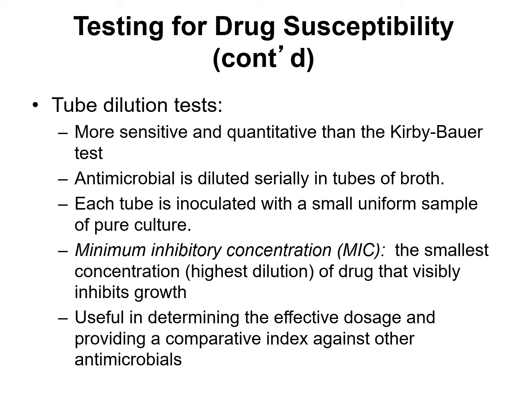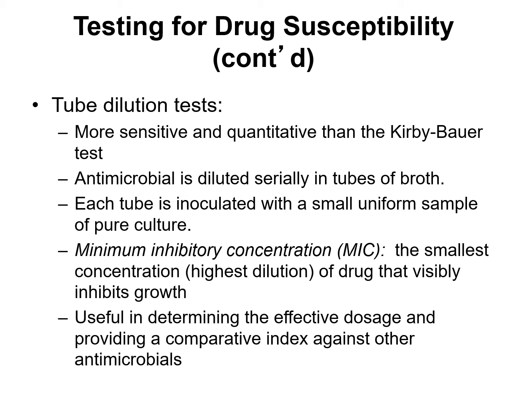We also have dilution tests for tubes. This is more sensitive and quantitative. We actually get a quantifiable number, and you're going to get this with the tube dilution test over the Kirby-Bauer test. The antimicrobial is serially diluted in a series of tubes, and we'll see that in the next slide. Then each tube is inoculated with a small uniform sample of the pure culture.